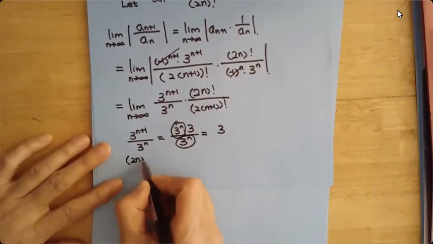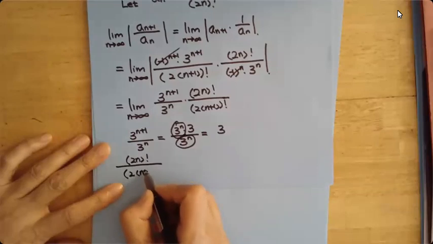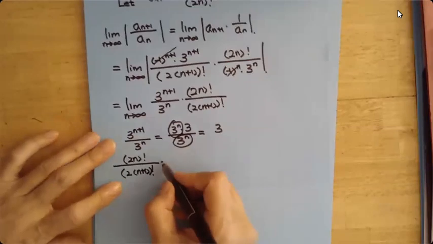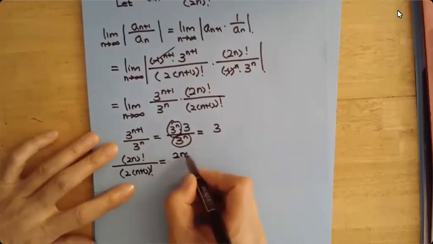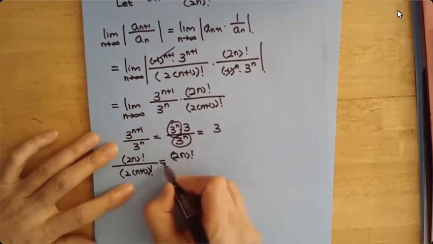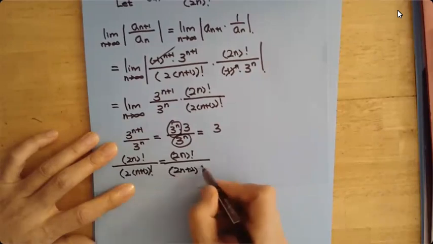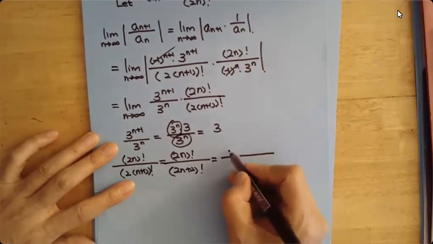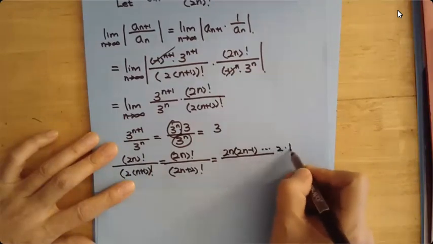And then 2n factorial over 2 times n plus 1 factorial can be written as 2n factorial over 2n plus 2 factorial. The numerator is 2n times 2n minus 1 down to 2 times 1.